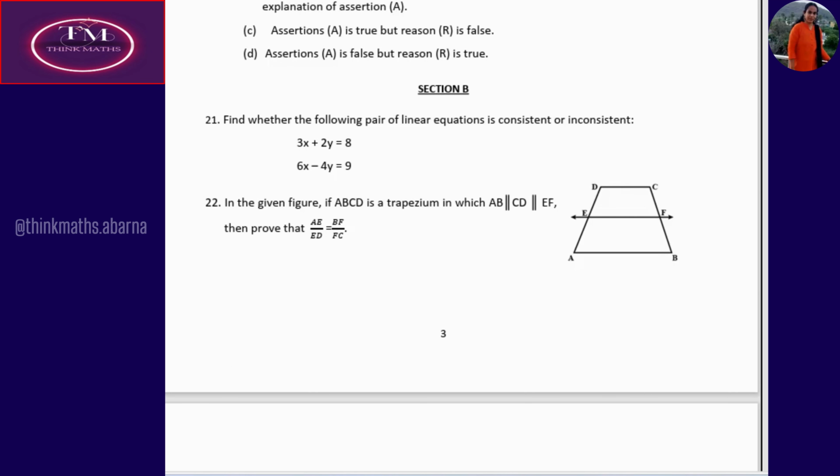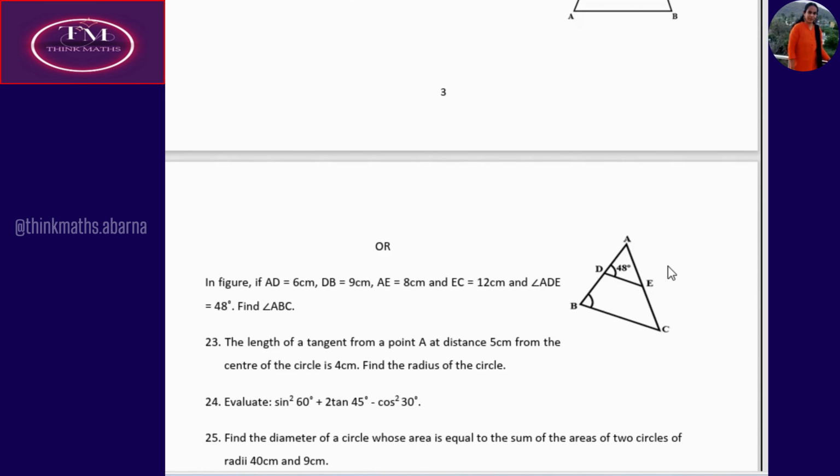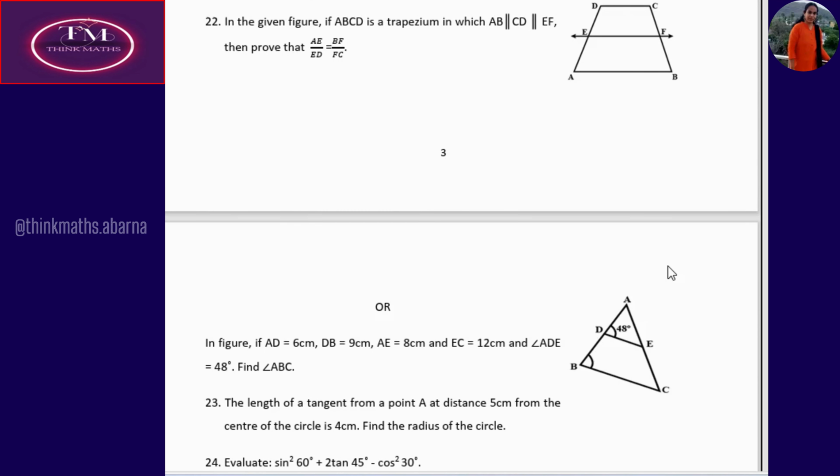And in section B, we have these questions. We have 5 questions, so it carries 5 into 2, which is 10 marks. In section B, you will have internal choice in 2 questions.